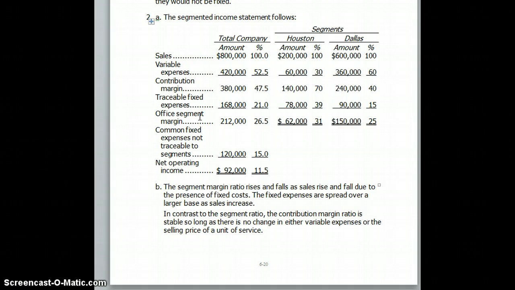However, the segment margin ratio will increase as a result of increased contribution margin, assuming that there's no change to the traceable fixed cost. Therefore, that is the difference that we see from the segment margin statement listed on page 260 to this solution in the book. This concludes our discussion of exercise 6-14.